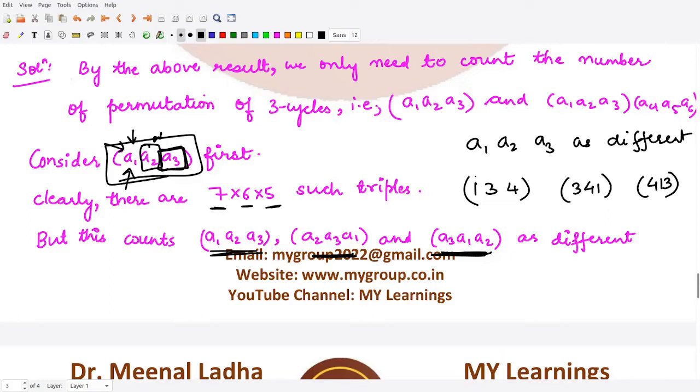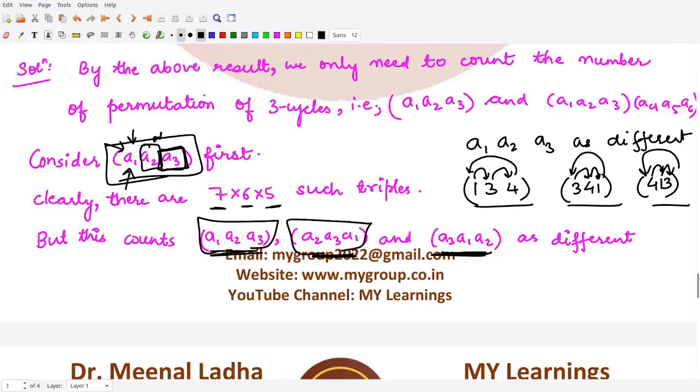Because in each, 1 is mapping to 3, 3 is mapping to 4, and 4 is mapping to 1. So all of them represent the same permutation, and that means they are equivalent. So we are counting such triplets as different, however they are the same.